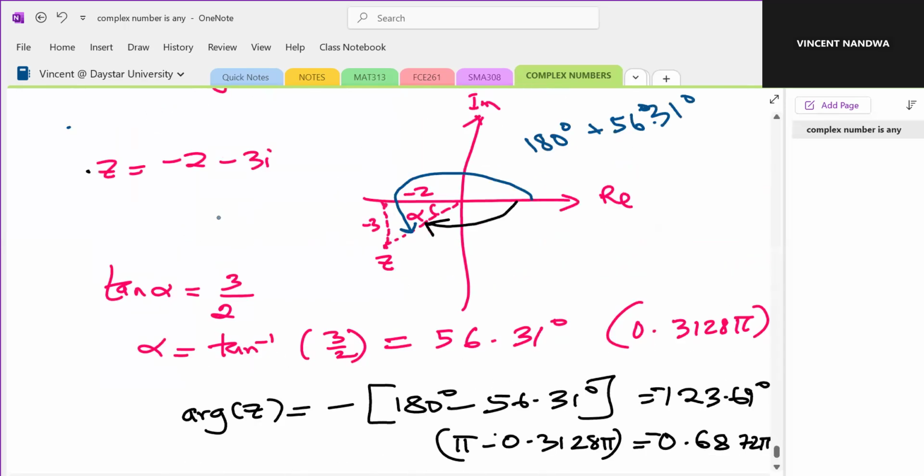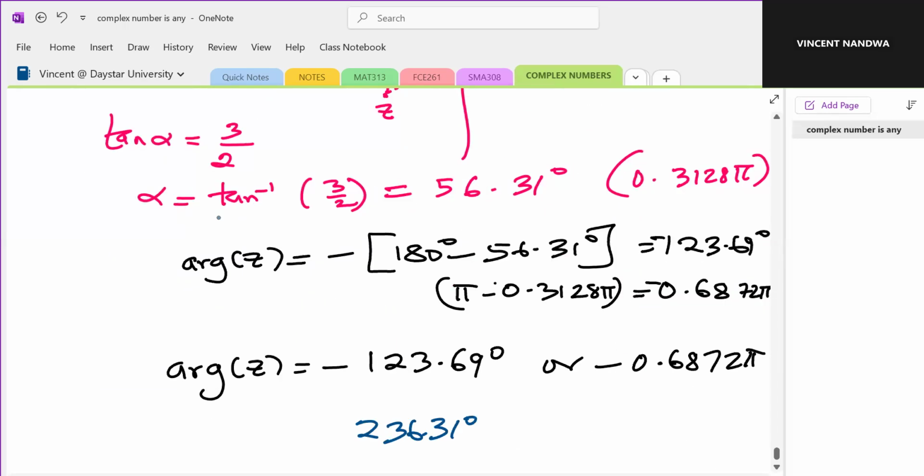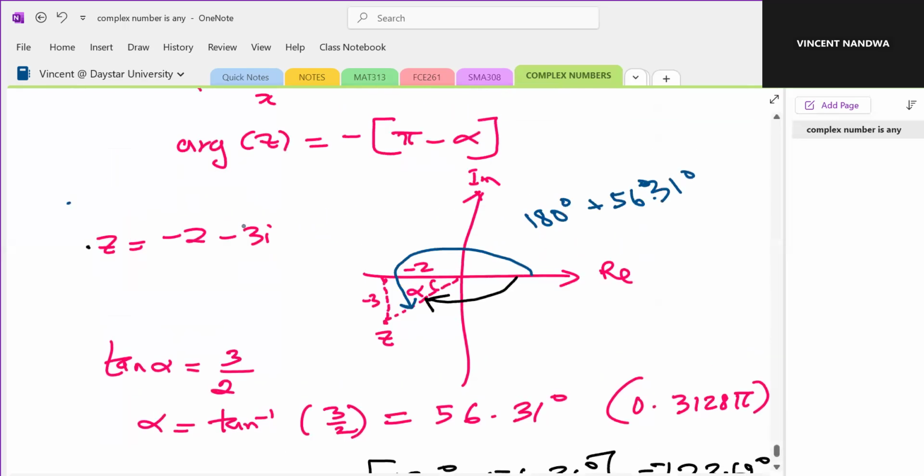The only difference is the reason we say that when you want to restrict your argument to be from minus 180 to 180, then you pick this. But if you just want to measure it in the positive direction, the way we define the argument, then you can keep the anti-clockwise direction measure. Once you are at this point, it's already 180, then you add this value of alpha.